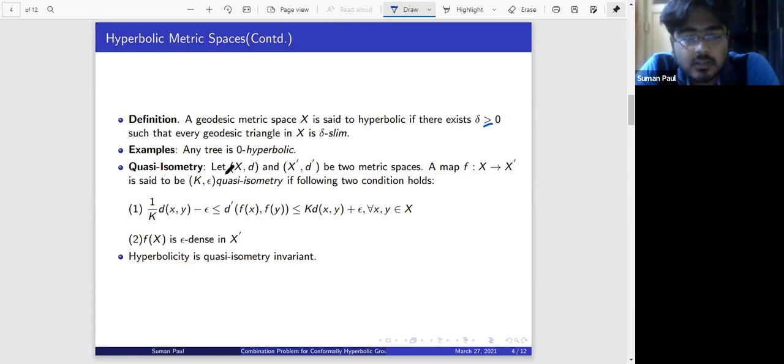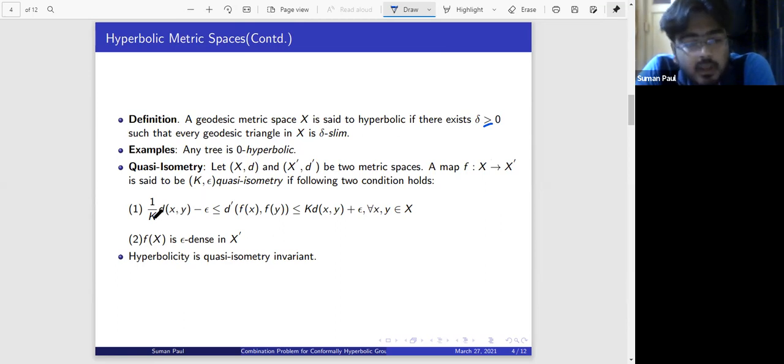Okay, so let (X, d) and (X prime, d prime) be two geodesic metric spaces. A map f from X to X prime is said to be a (K, epsilon) quasi-isometry if the following two conditions hold, where K is greater than or equal to 1 and epsilon is greater than or equal to 0.